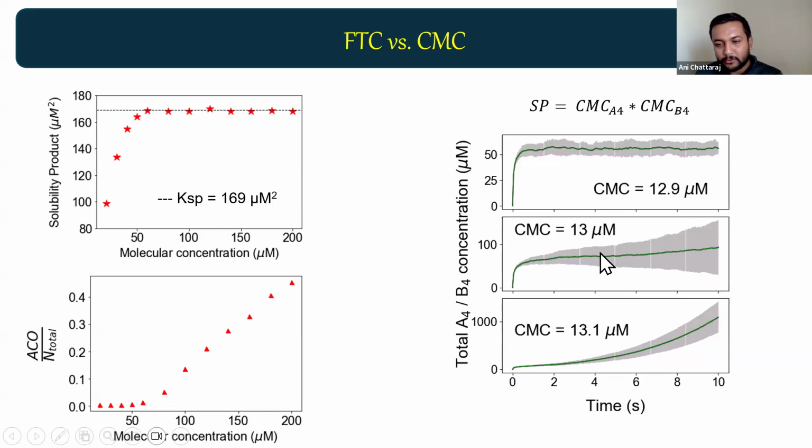And in this case also, the solubility product is defined by CMC_A times CMC_B. So this is the 13. Basically, if you take the square of 13, you get 169. So something is changing around that 169 mark here, right? So that's the point. And using two different kinds of simulation, we showed that there is some kind of phase transition boundary there.